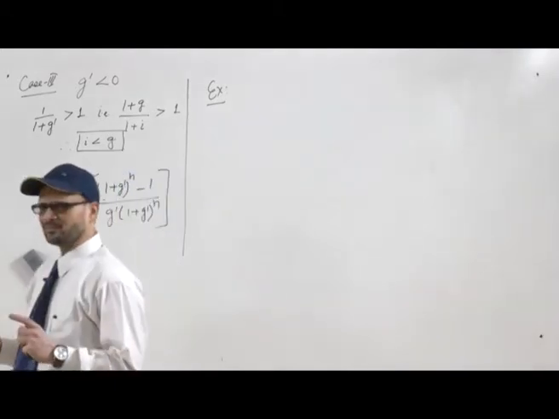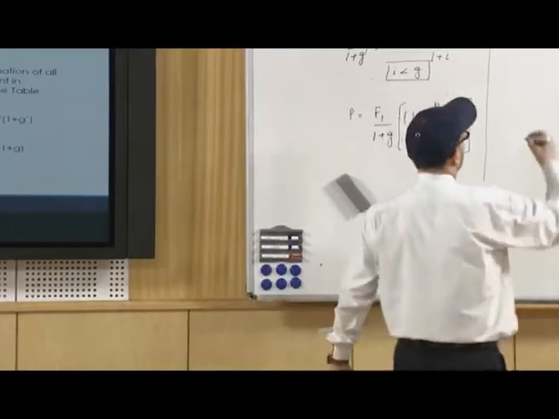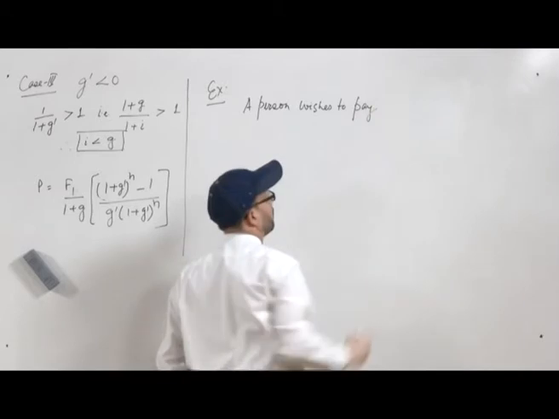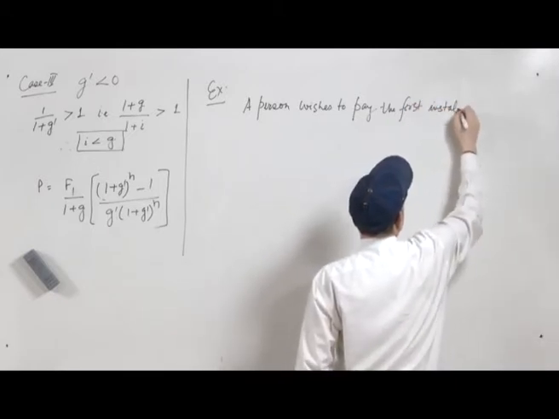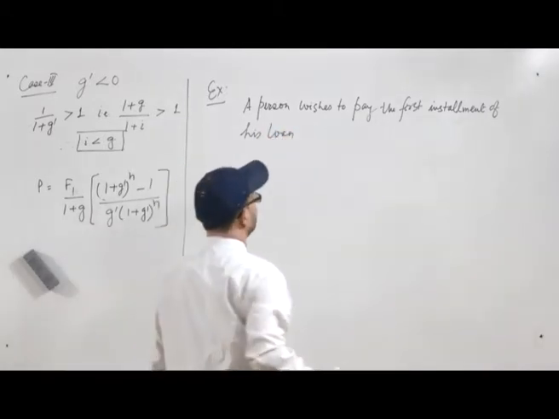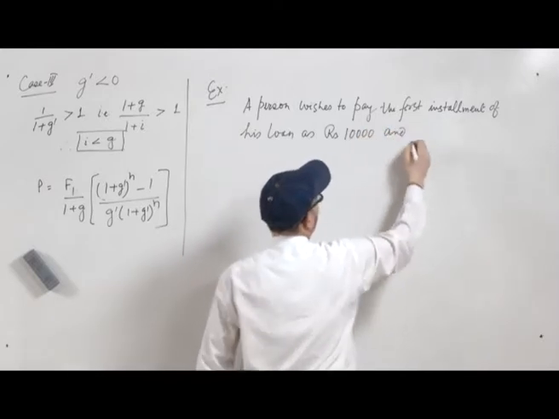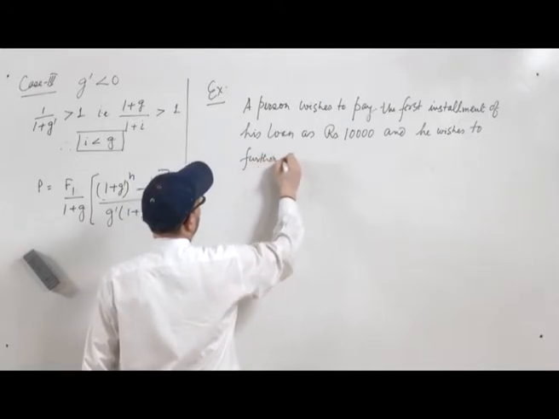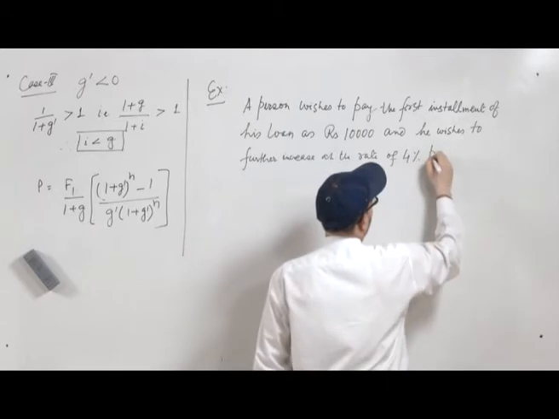Suppose a person is paying a loan and wishes to pay the first installment of his loan as rupees 10,000 at the end of year 1, and he wishes to further increase it at the rate of 4% per year.